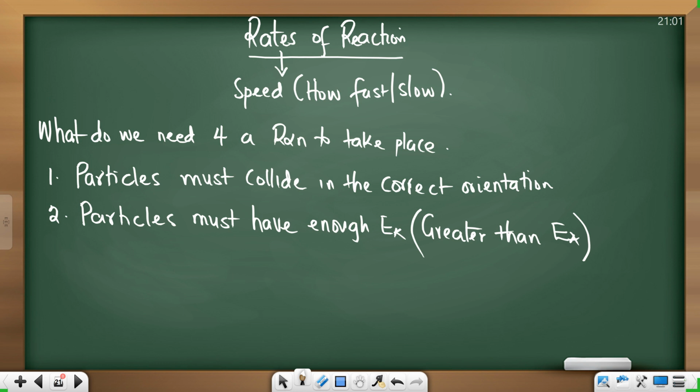Two people cannot have their backs to each other and say they are kissing each other. How does that happen? Correct orientation. I hope the orientation makes sense.